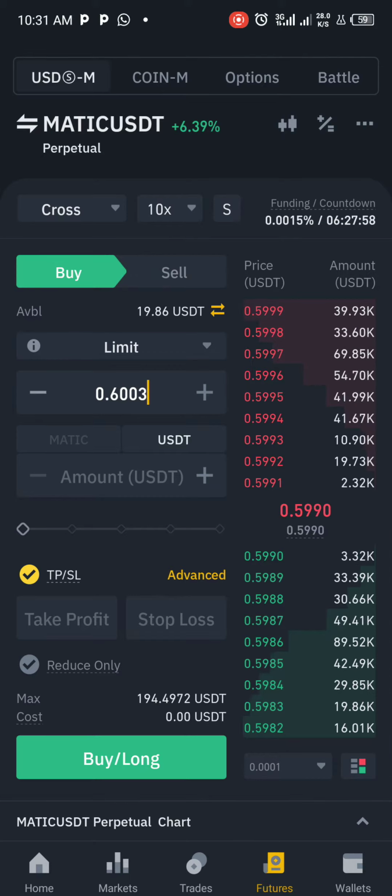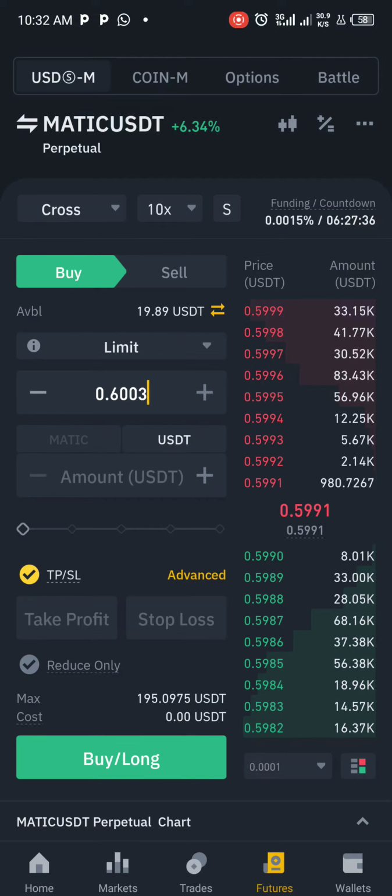Then this limit means once the market gets to this amount, they are going to place your trade. You can see this trade is currently at 0.5990. If I place a buy order now, it will not go through because the market is not up to this 0.6003.